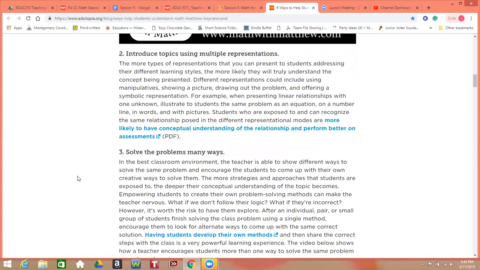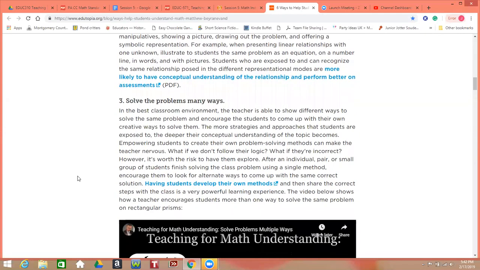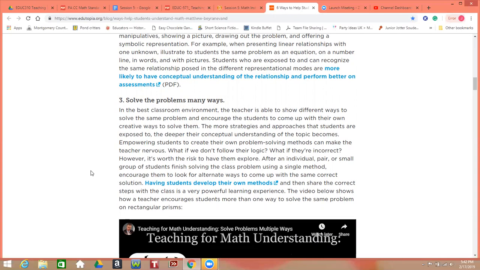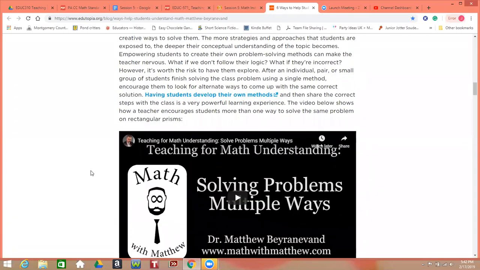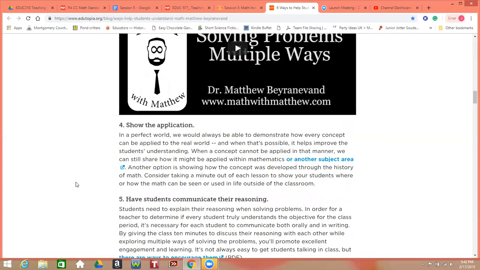We've already said that there are lots of different ways to solve math problems, and that it's important for students to be able to share their thought process for tackling them.